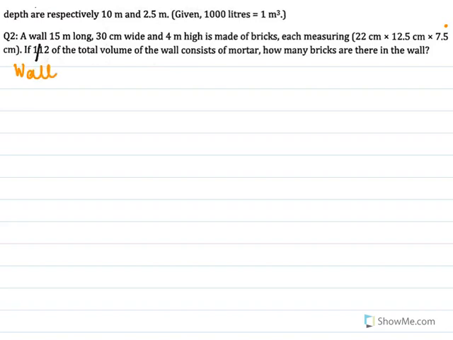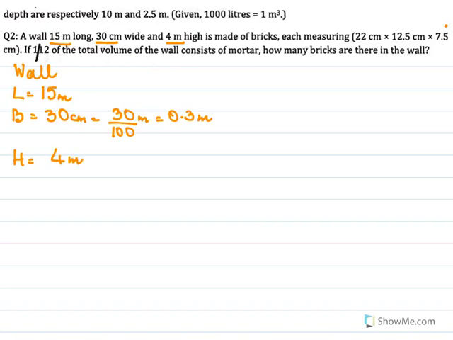A wall is a cuboid and the dimensions of the wall are given as 15, 30 and 4. So length 15 meter, the breadth is given as 30 centimeter. I'm just immediately going to change it into meter, that is 30 divided by 100, 0.3 meter. And the height is 4 meter.